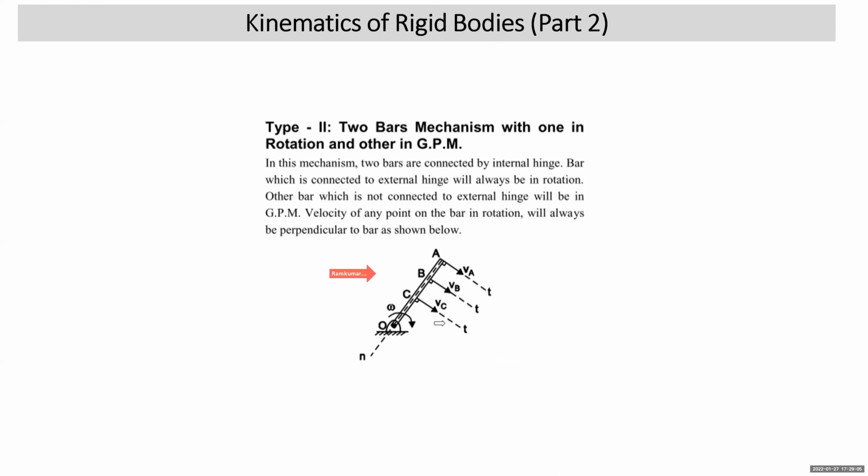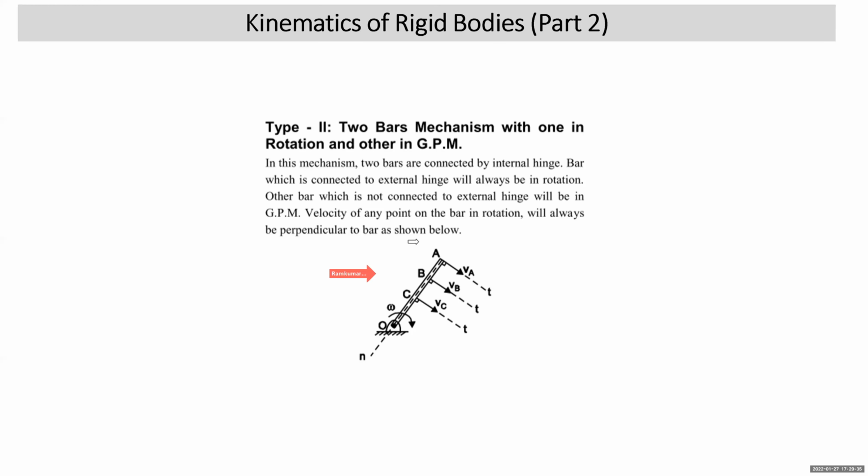But when we are solving the problems, we do not mark tangent and normal, right? We will simply remember that the velocity of any point on the bar in rotation will always be perpendicular to the bar. The reason is that the bar itself works as the normal direction and velocity will be perpendicular to the bar.